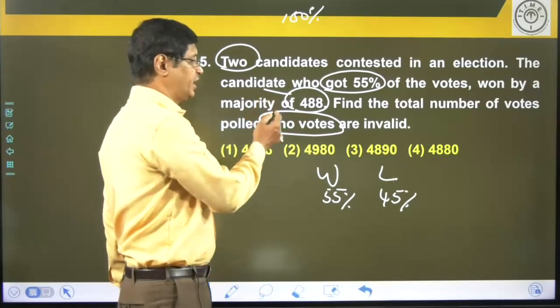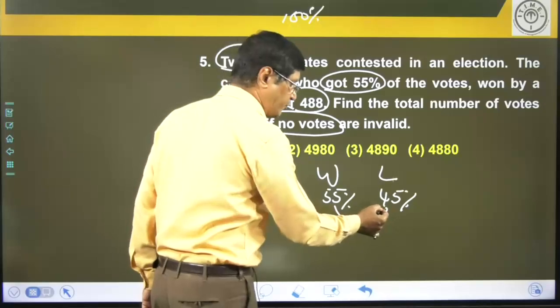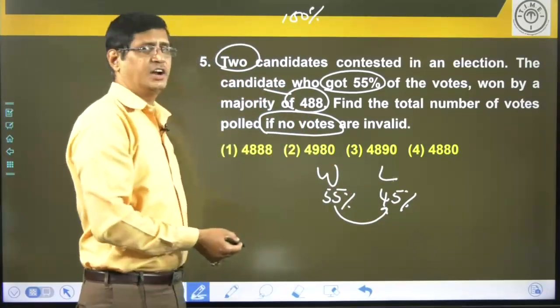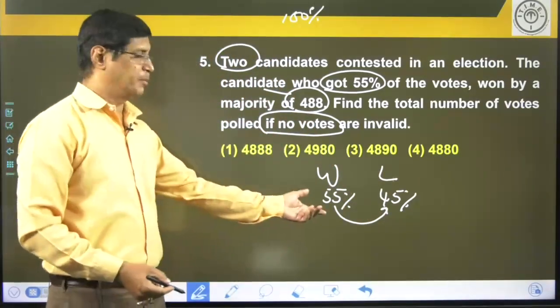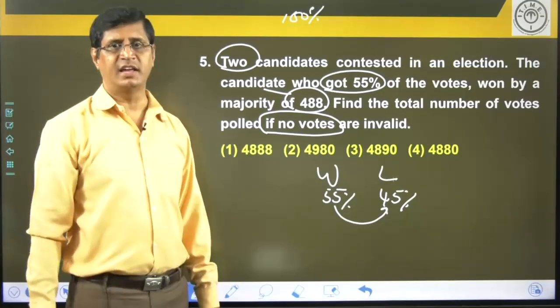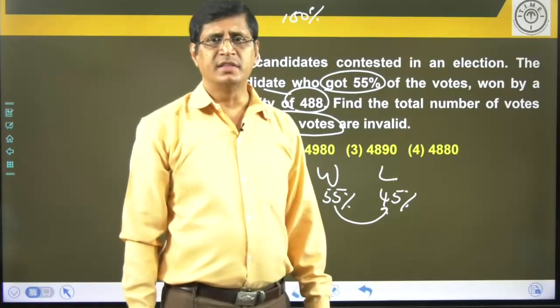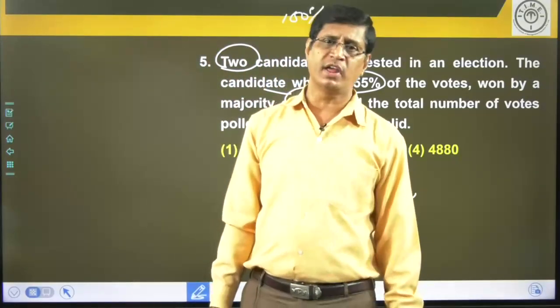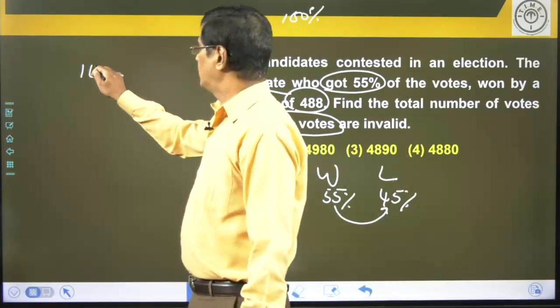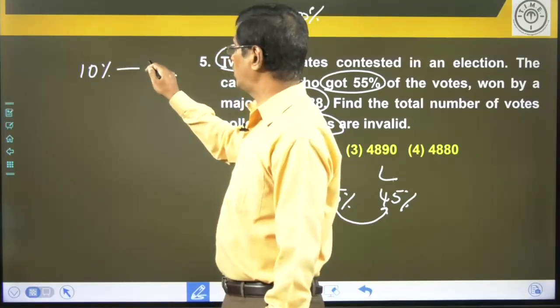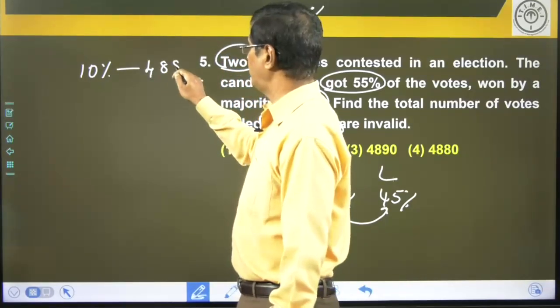Majority is 488. That is number of votes wise. Majority of votes is 488. Majority in terms of percentage, that is 10. 10% is the majority. The 10% is equal to 488.